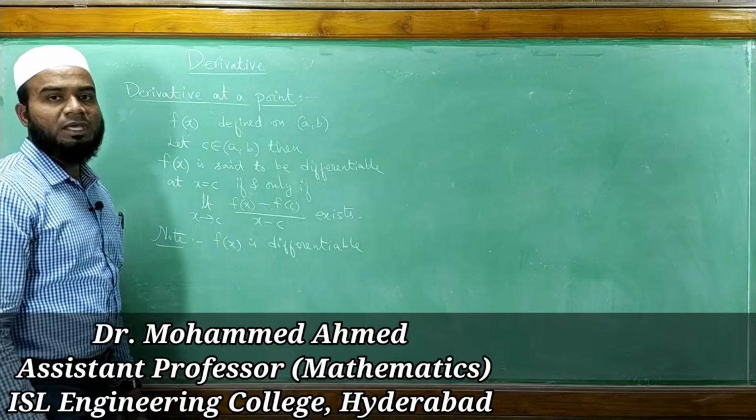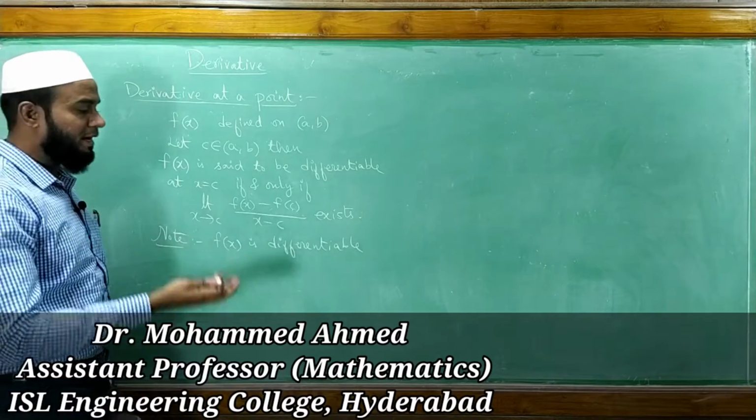Any limit is said to exist if the left hand limit and right hand limit are equal.